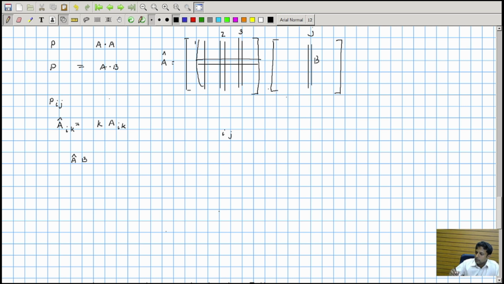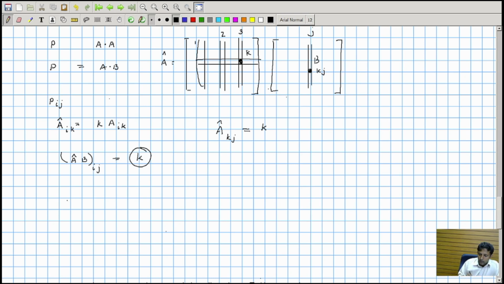Now since the witness is unique, there is some particular unique position k, such that this k when multiplied by bkj will give you 1. Since there is a unique witness, the entry A tilde ik will be equal to k, and therefore A tilde B in the ijth entry will be equal to k, and k is exactly the witness.